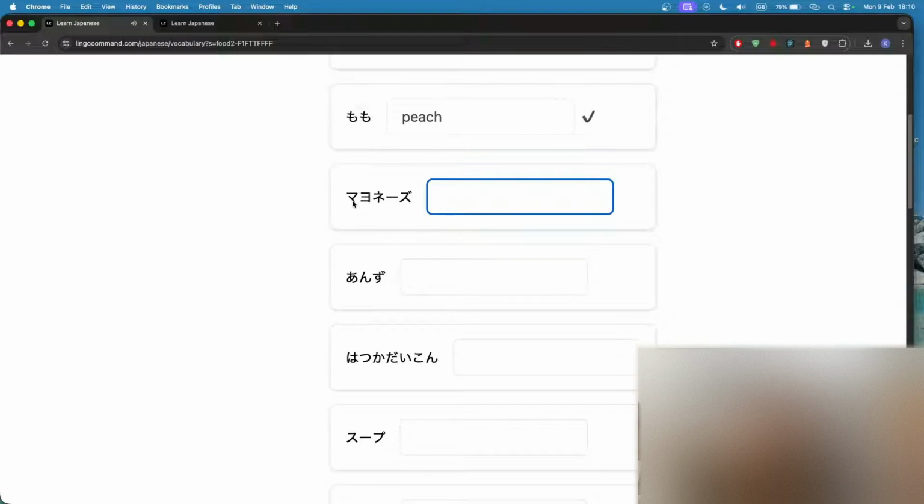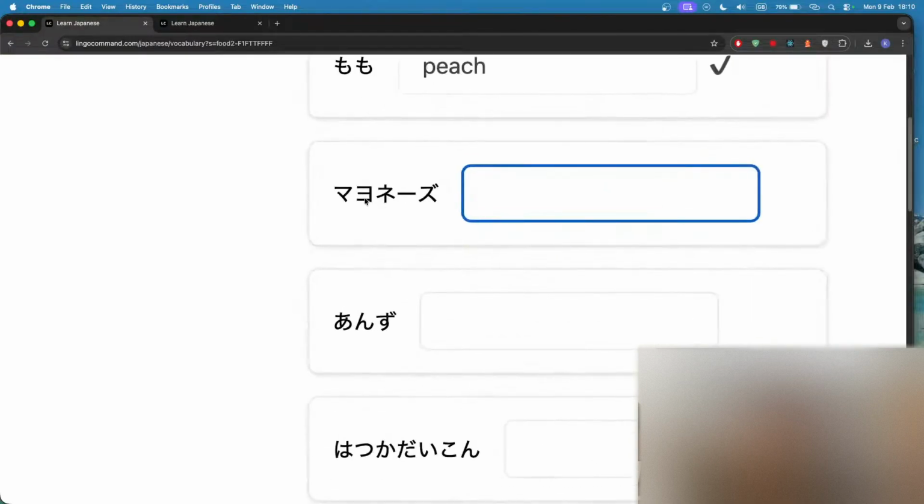And then this is myonezu. Myonezu. And this is actually not a yun combination because this ma and yo are both full-sized. So this is mayonezu, which is mayonnaise.